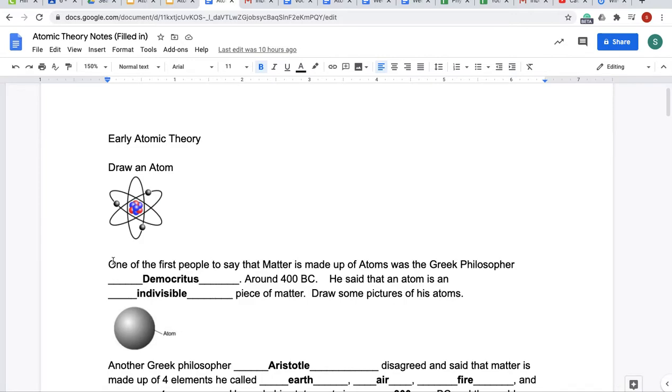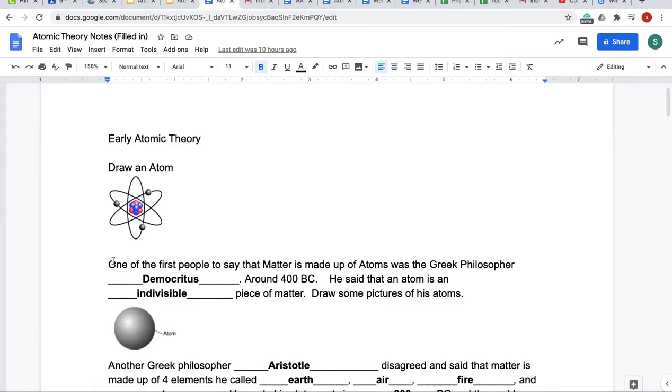So there was a time back in 400 BC that there was this guy, this Greek philosopher, sitting around thinking, and his name was Democritus, and this was a long time ago, 400 BC. BC is before Christ, so we're thinking like 2,400 years ago.